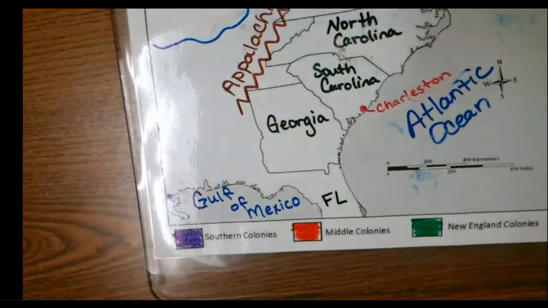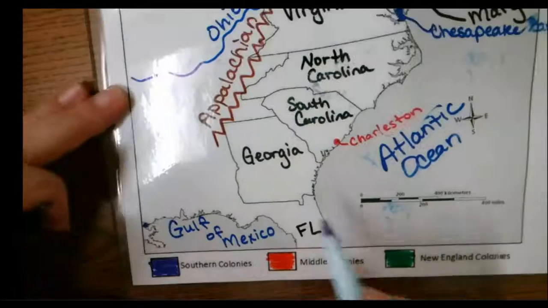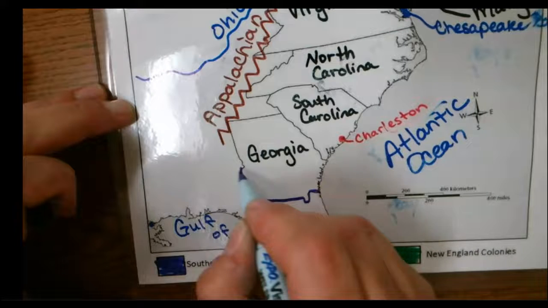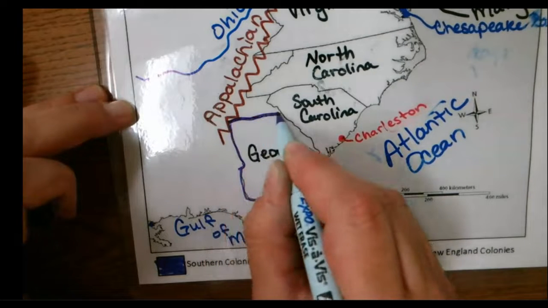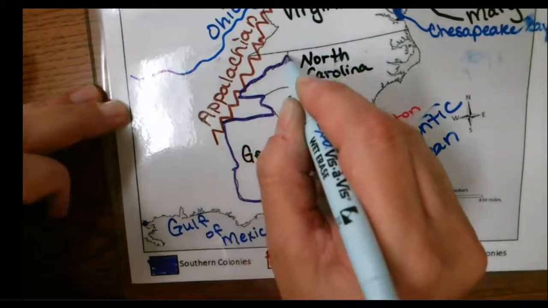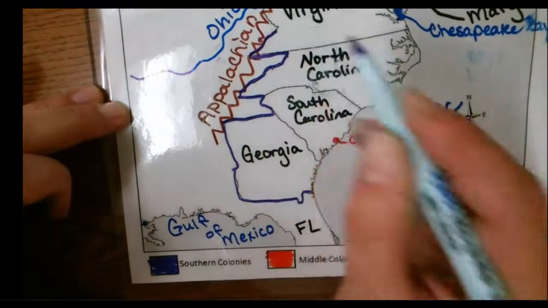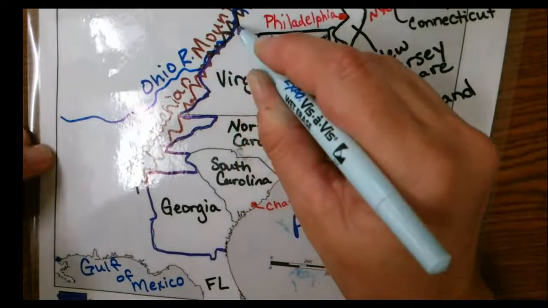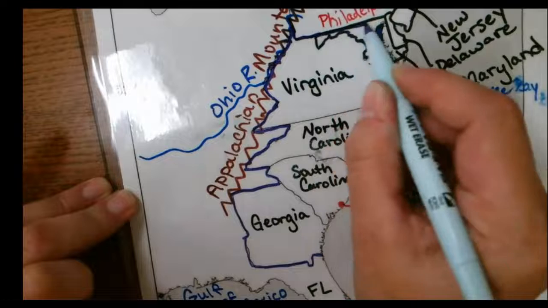All right. So we'll start in the south since we're already looking at the south, and I'm just going to trace the boundary around Georgia, South Carolina, and North Carolina. These are what we call the southern colonies. I'm going to keep Virginia in the southern colonies, and I'm going to put Maryland in the southern colonies.